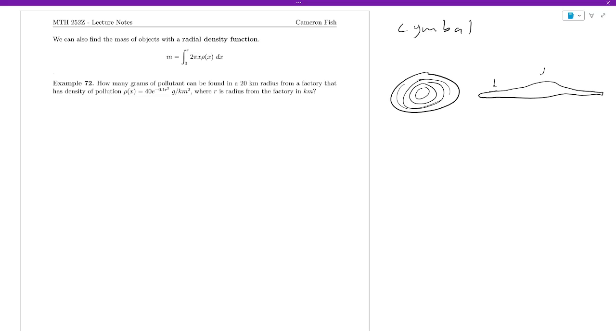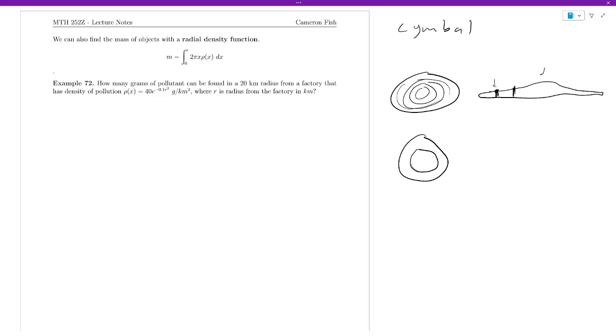But because it's a rotationally symmetric disk, I imagine that it has the same density on a given circle, right? Since it's nice and symmetric, I imagine, oh, all along this circle, whatever density is here at my cross section, it's going to be that same density all along that particular circle.